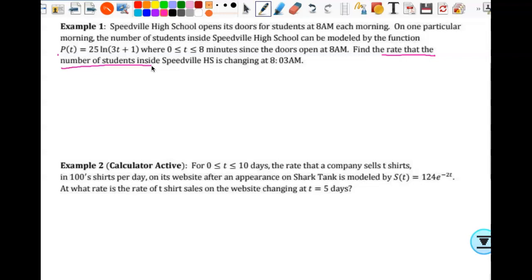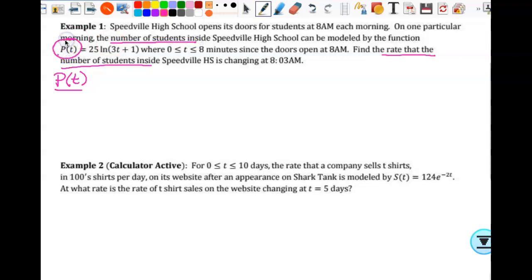So they give us P of t, right? Okay. So this is what we have. In order to find the answer, do we need P of t, P prime of t, or P double prime of t? What do you think? Prime, okay? Because P of t is the number of students.